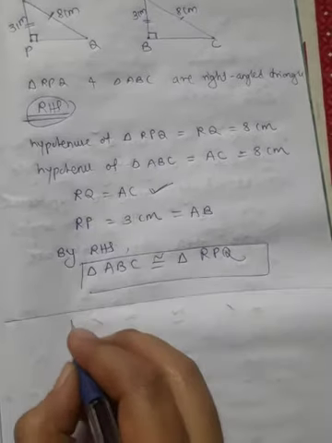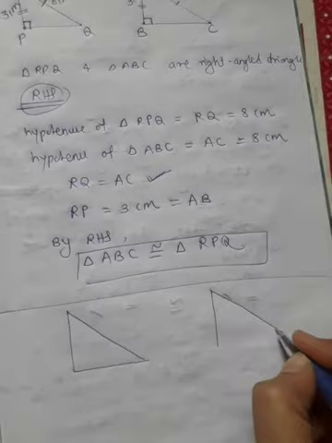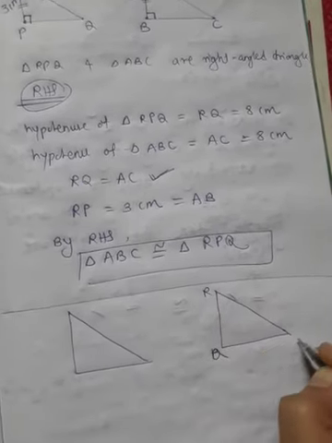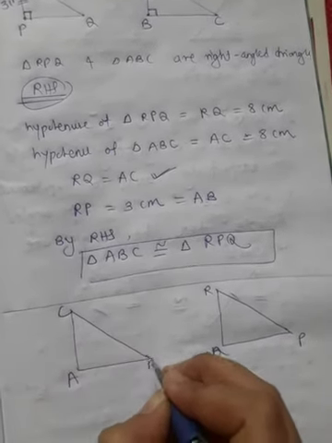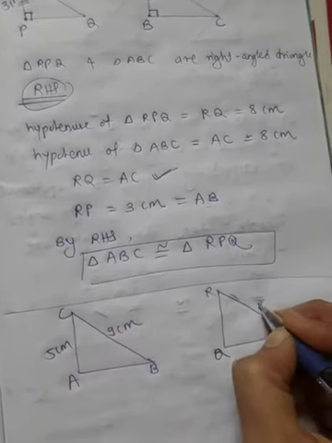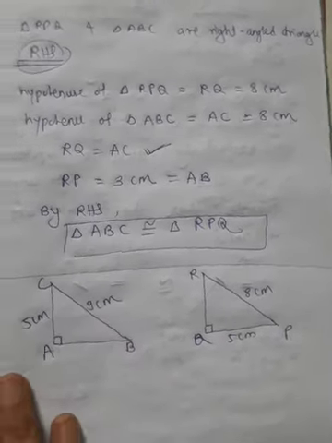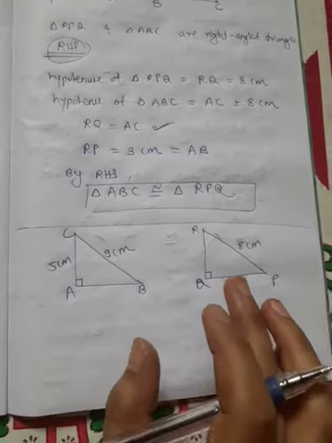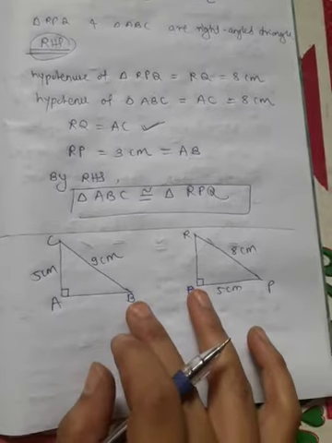See another example, two right angle triangles. So we have given two right angle triangles. Now see, we have to check whether these two right angle triangles are equal or not. And we know to check the right angle triangles are congruent or not, we use RHS criteria.